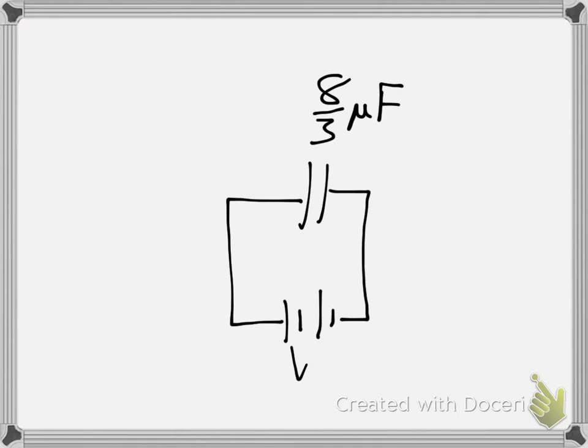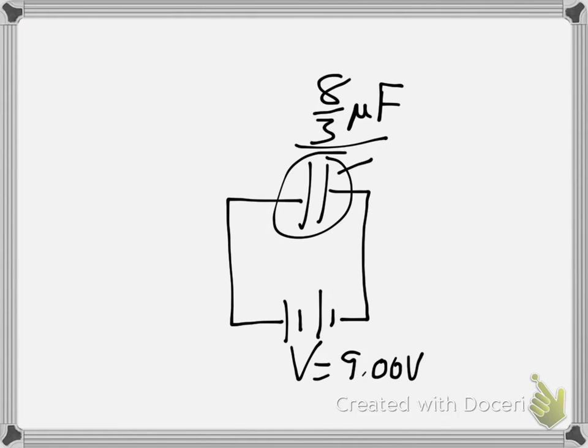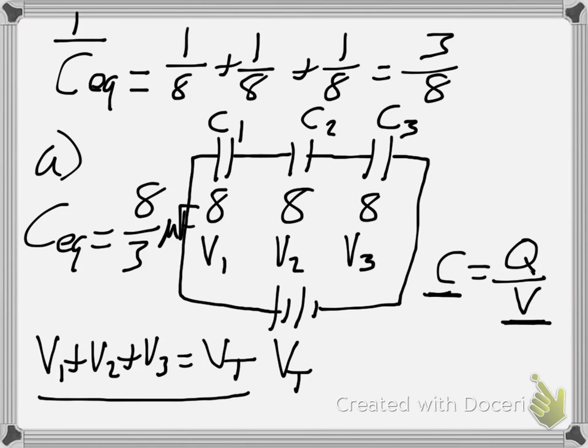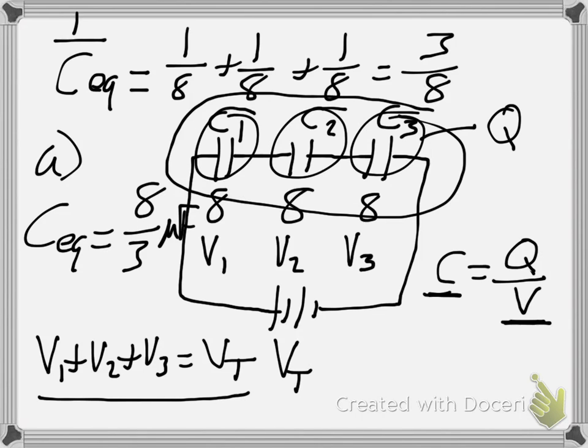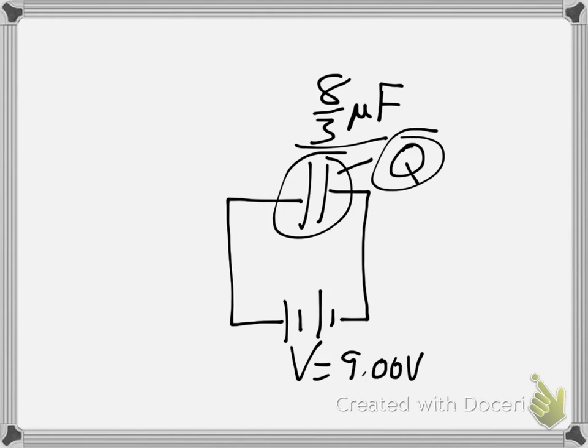And because you have this, you know what V is. It's 9 volts. You know what your capacitance is. You can figure out what the charge across the capacitor must be. But because this is a series combination, each capacitor must have charge Q on it from this calculation.